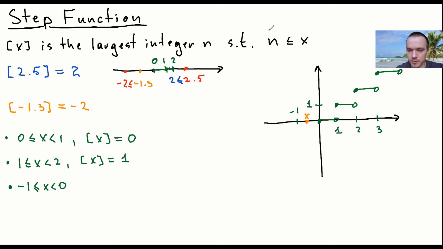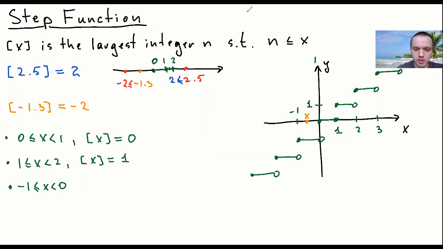So that's why, when x is between negative 1 and 0, I'm going to have negative 1 as my output. And by using the same arguments, we can see that my step function is going to look something like this on the left-hand side of the y-axis. So it's y and x.